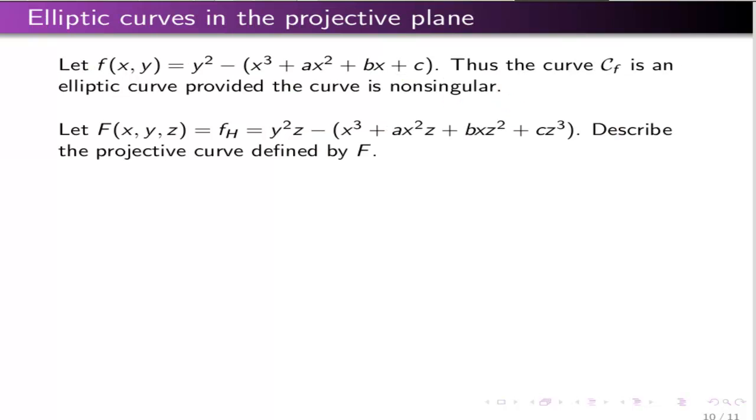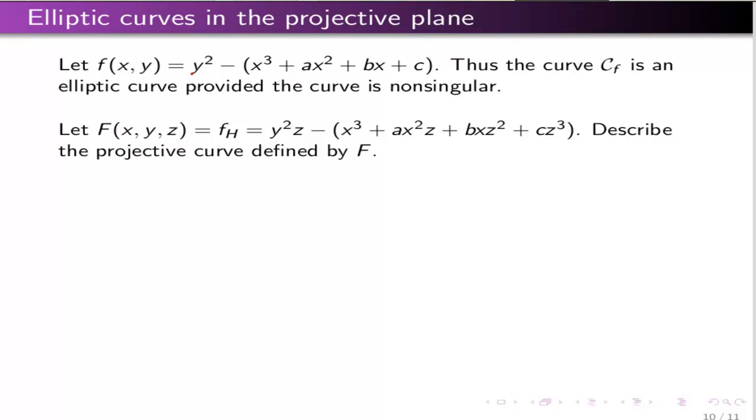Okay, let's return to our elliptic curve now. So an elliptic curve is defined by an equation of this type: y squared minus this cubic polynomial, such that this equation is non-singular. So this cubic polynomial can't have any multiple zeros. When I homogenize that equation, I want every term to have degree 3, because this is a polynomial of degree 3, the maximum degree.